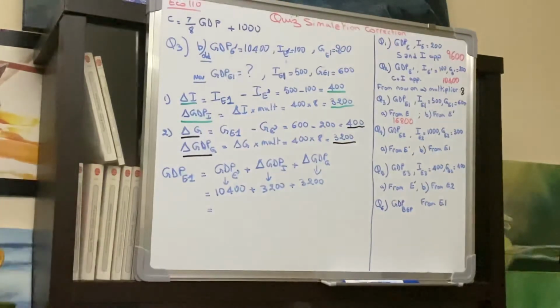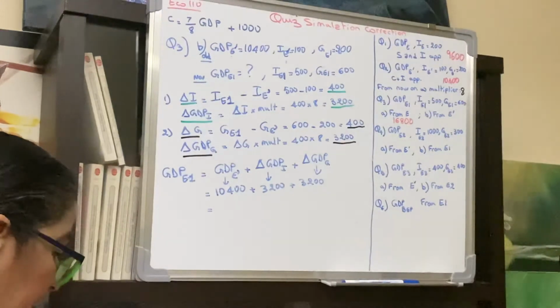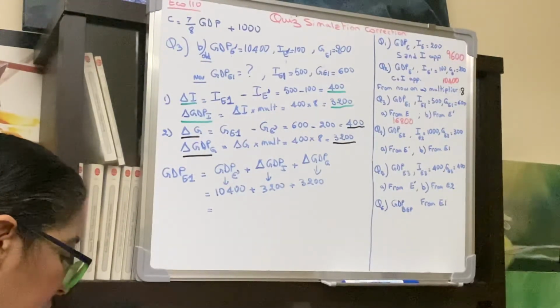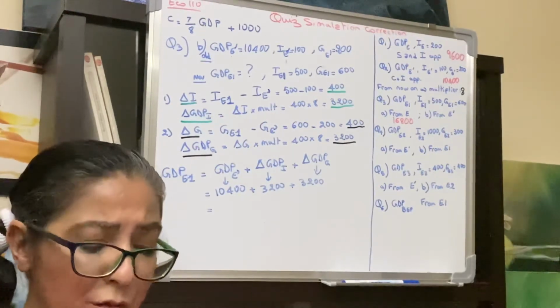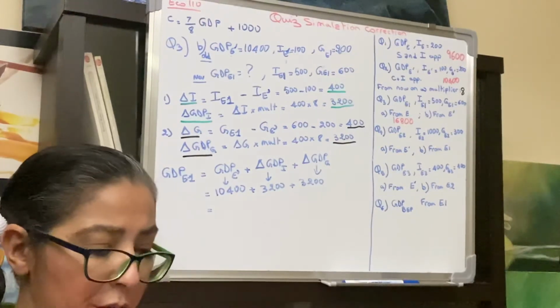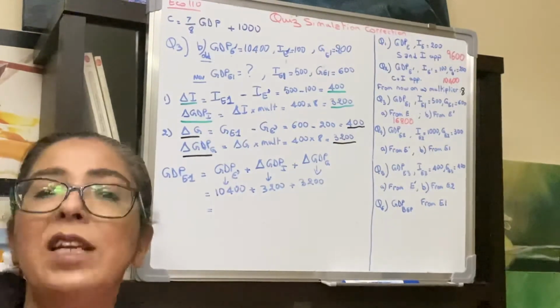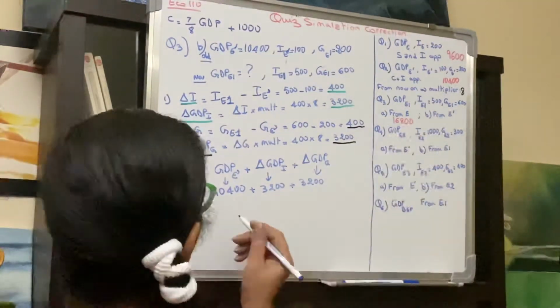I'm going to use my calculator: 3,200 plus 3,200 plus 10,400 is 16,800. So I have no mistake as it's the same number.